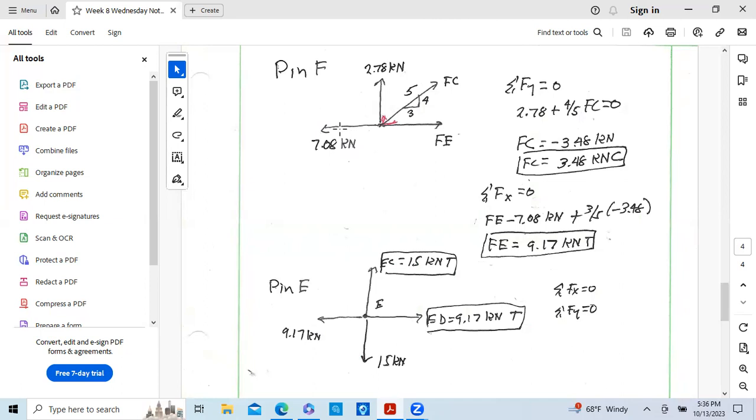This is 7.08, which we solved for. We choose tension, 2.78 tension found. And then FC we're showing as tension, 3/5 slope. Sum of forces in the Y, 7.8 kilonewtons.